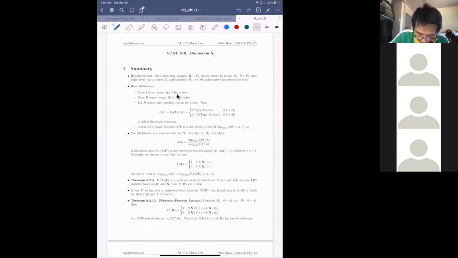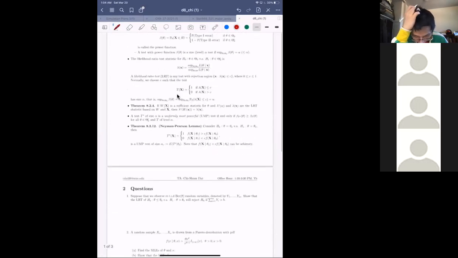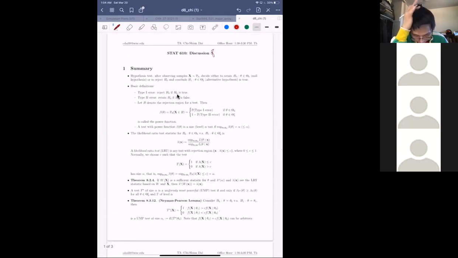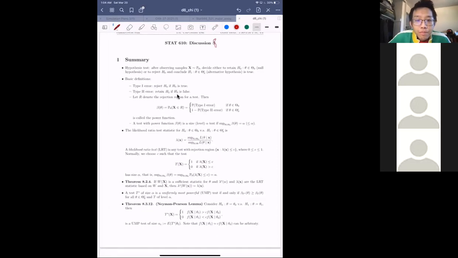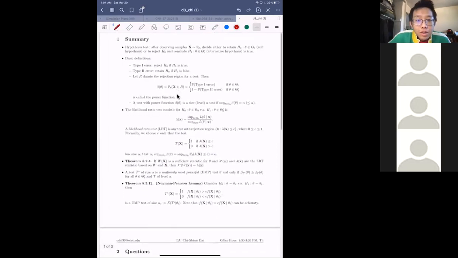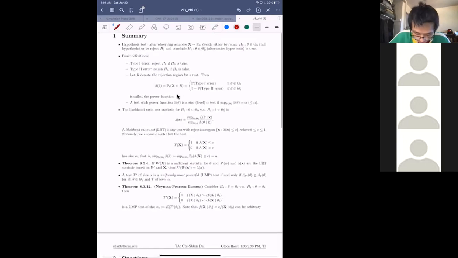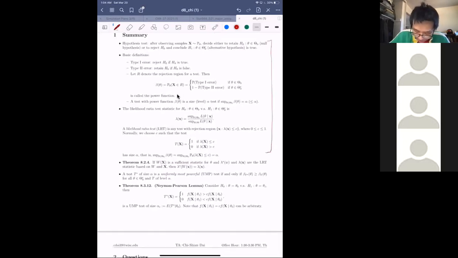This is discussion 8. So today is about hypothesis testing. Next is a summary, just copied from the lecture.